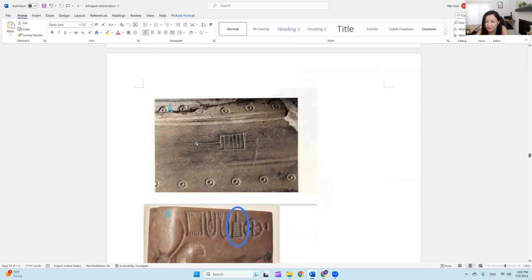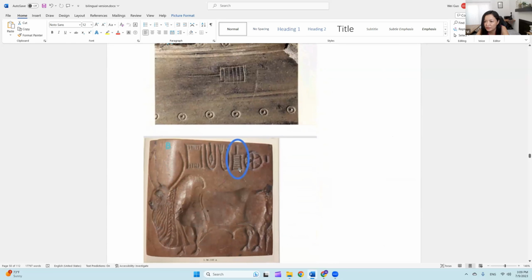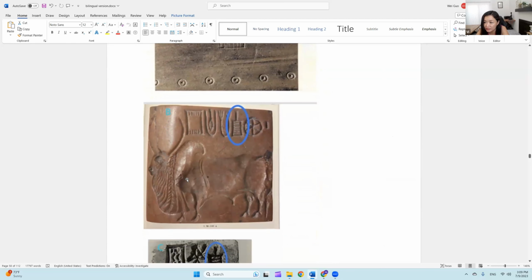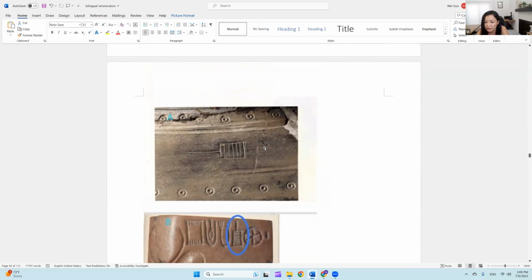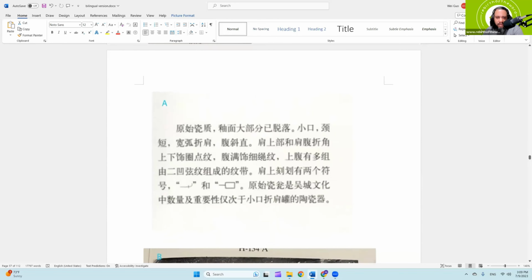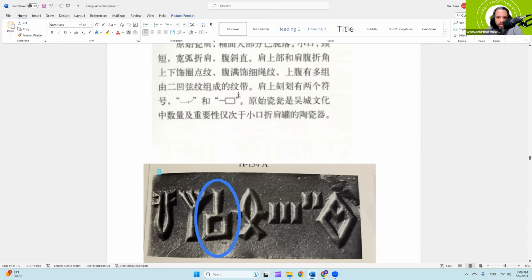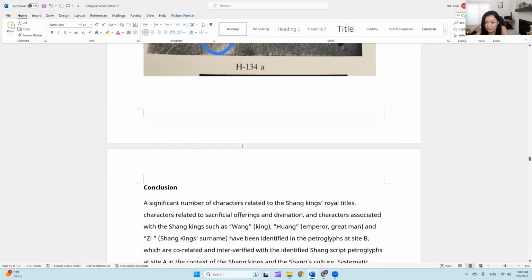Here is a sign inscribed on pottery artifacts unearthed in China. Here, the similar sign is the Indus sign, on an Indus seal. This is an Indus seal, but this is a Chinese artifact. This is another sign on a Chinese artifact, and this is another Indus sign.